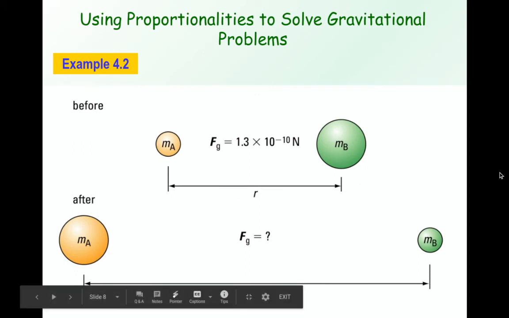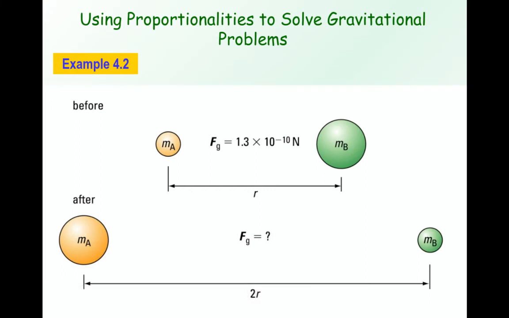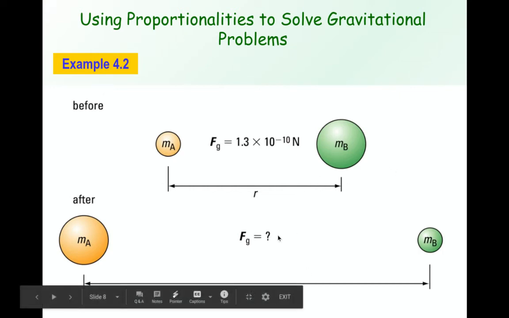Okay, another example. You can also use proportionalities to solve gravitational problems. There's a lot of questions on this on your assignment. If you have the Fg for a certain radius and you double the radius, the masses are also changing.